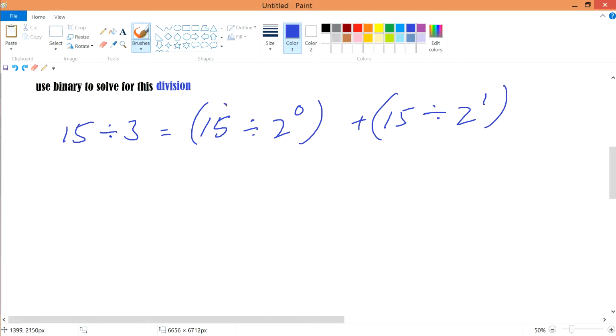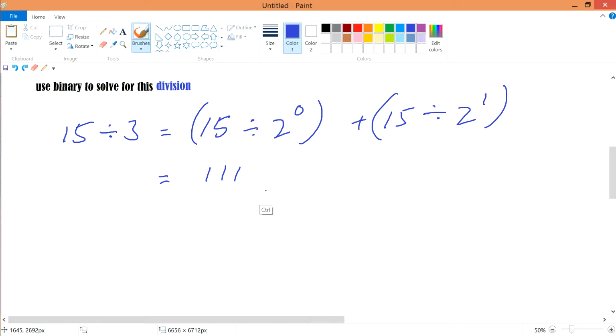Now over here I can change this 15 into a binary also. So this 15 over here, what can it be? This 15 can be represented by 1, 1, 1, 1. So 8 plus 4 plus 2 plus 1 is 15. You can check it out: 8 plus 4 is 12, 12 plus 2 is 14, 14 plus 1 is 15.